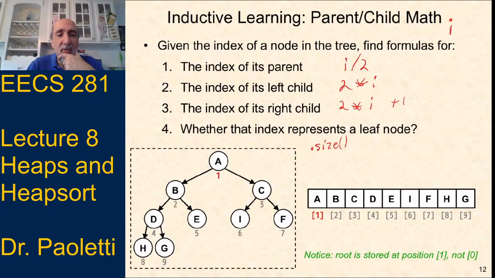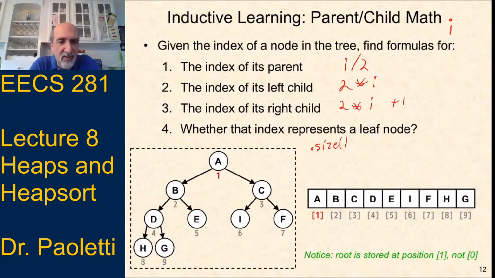Now, if a node isn't a leaf node, it must at least have a left child. It might have a right child, it might not. But to even get that far, we need to know, is it even valid to ask about any children? If I give you an index i, does i represent a leaf node? Okay, let's do some examples.